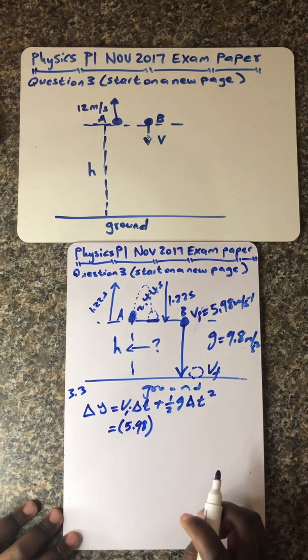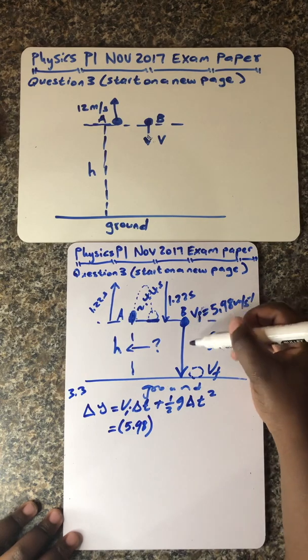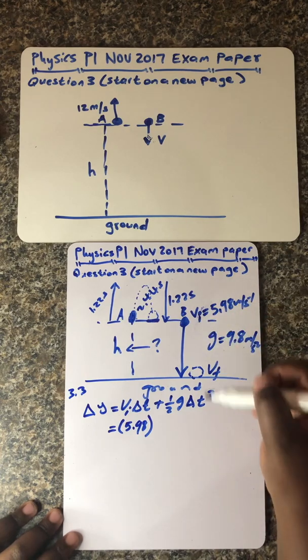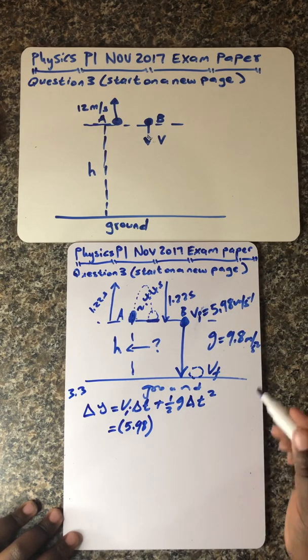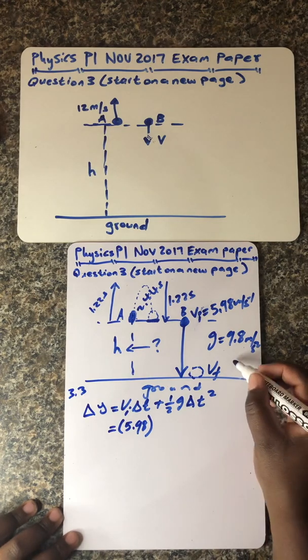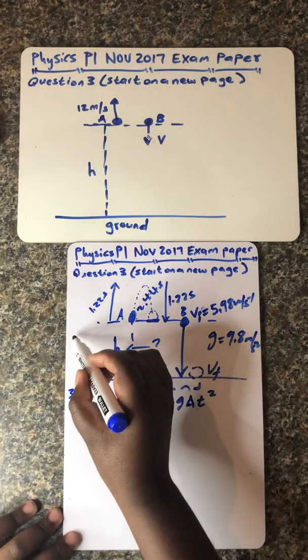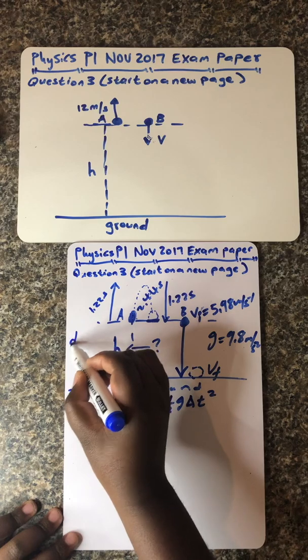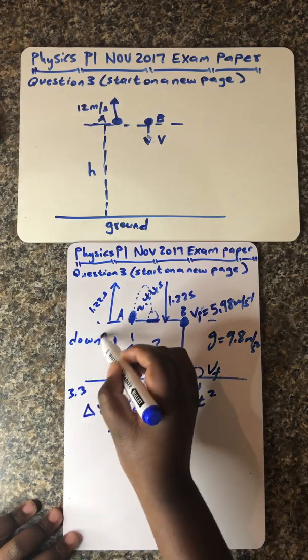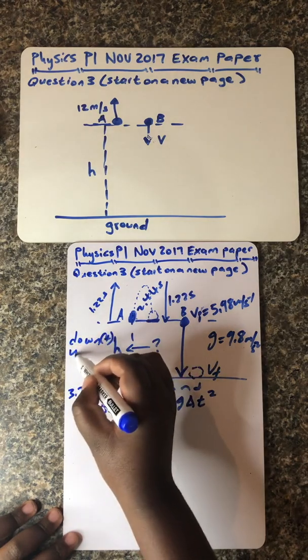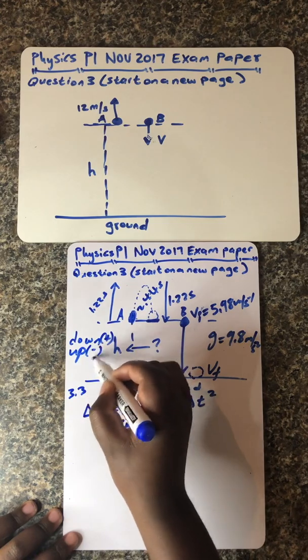5.98. I think in part 1 I've explained that because everything is going down, we assume downwards to be positive. Otherwise, if I haven't mentioned it, let's just write it down somewhere there: down positive, up negative.